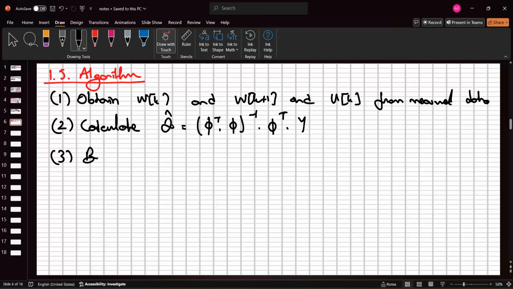And then build the estimated Wk+1, which equals a hat, the estimated parameter, times estimated Wk plus b hat times Uk.